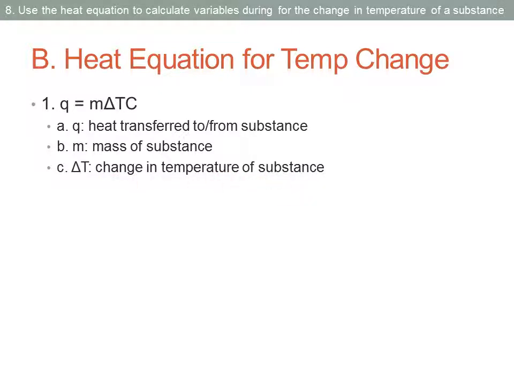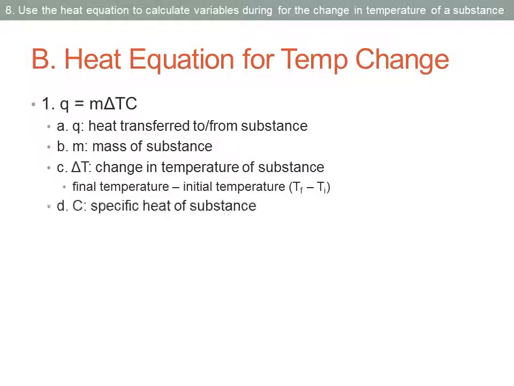And anytime we do the change in temperature or change in any variable for that matter, it is always the final quantity minus the initial quantity, so the final temperature minus the initial temperature, or what we might write as T_f minus T_i. So we don't just put the larger temperature first. We take the final temperature, whatever that is, and we subtract the initial temperature. And then the capital letter C is the specific heat of the substance.